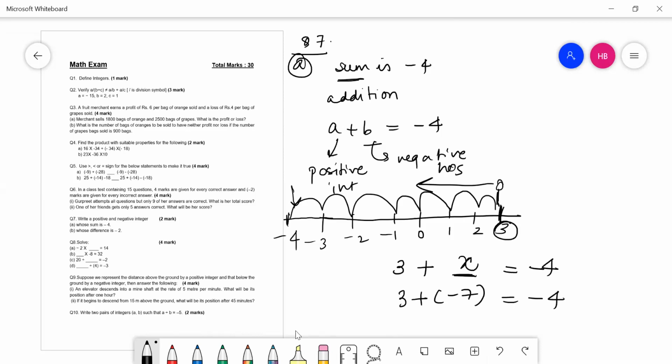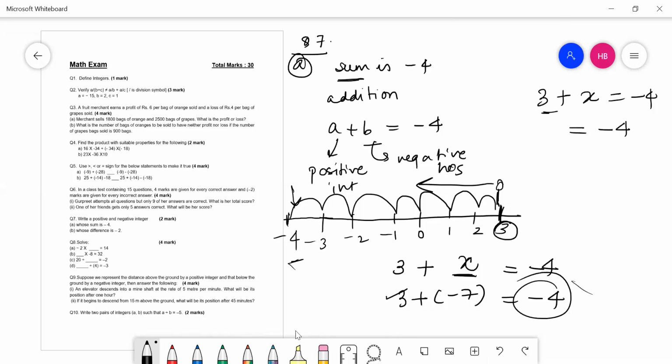So how can you solve such questions? You can think of one number, which was the positive number 3. Then you have to think of another number as a negative number, and you also have to get -4 as the answer. You can imagine it on the number line, or you can also solve this equation. Suppose one number I have thought of is 3.